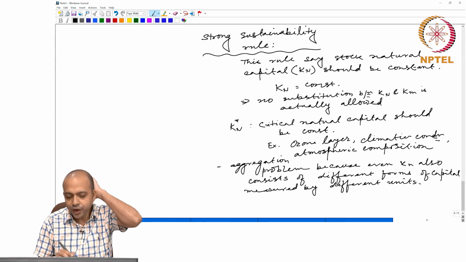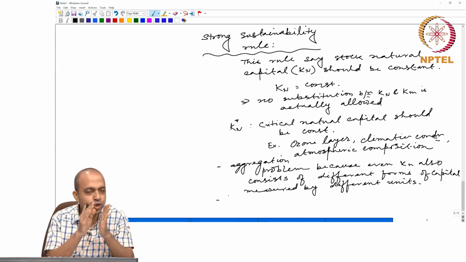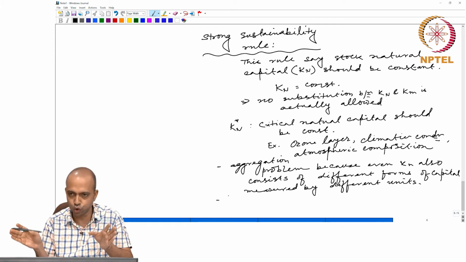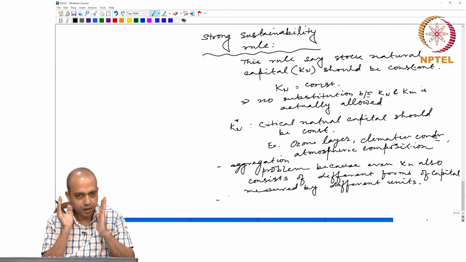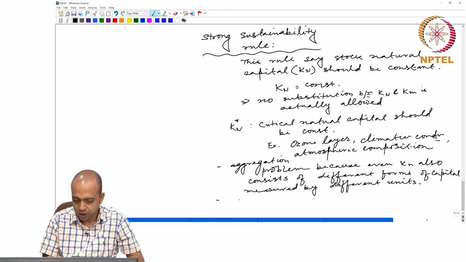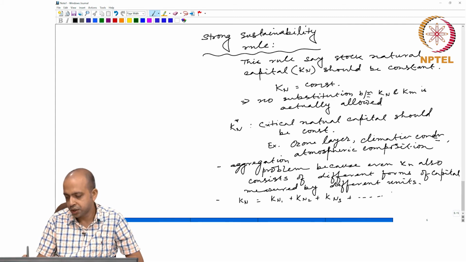To avoid this aggregation problem, economists say that we need to compartmentalize even the natural stock of capital. Let us compartmentalize Kn into Kn1 plus Kn2 plus Kn3 plus, say, Knn.